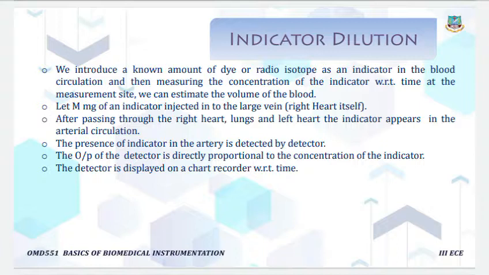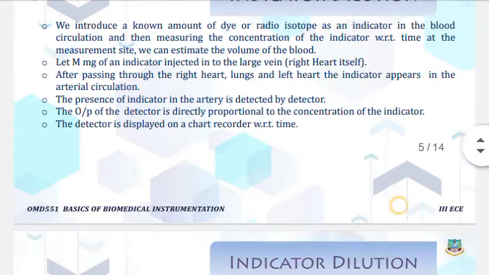After passing through the right heart, lungs and left heart, the indicator appears in the arterial circulation. Its presence is detected by a detector, and the output of the detector is directly proportional to the concentration of the indicator, displayed on a chart recorder with respect to time.